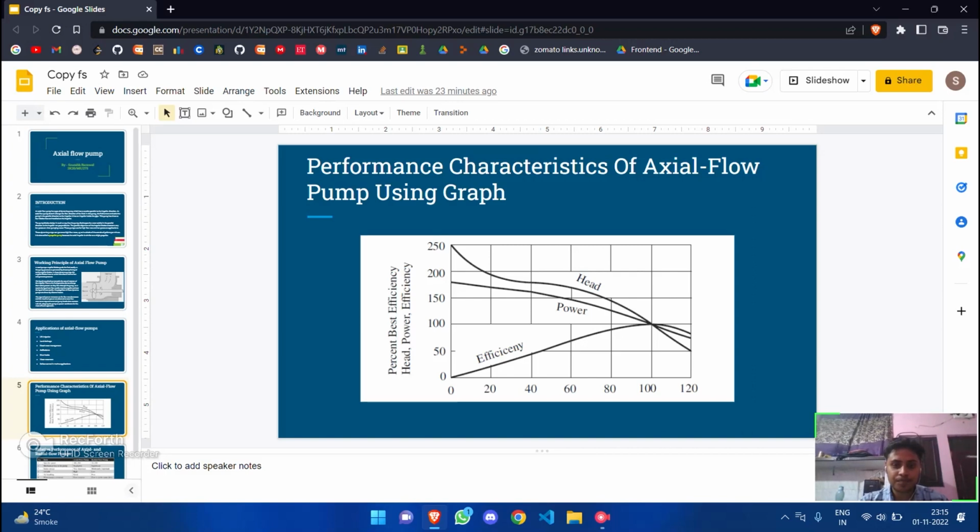As we increase the discharge, the head is decreasing. 60 to 120% is the confined state and the stable state of the axial flow pump. But we can conclude from this graph that as we increase the load, the axial flow pump is unstable.